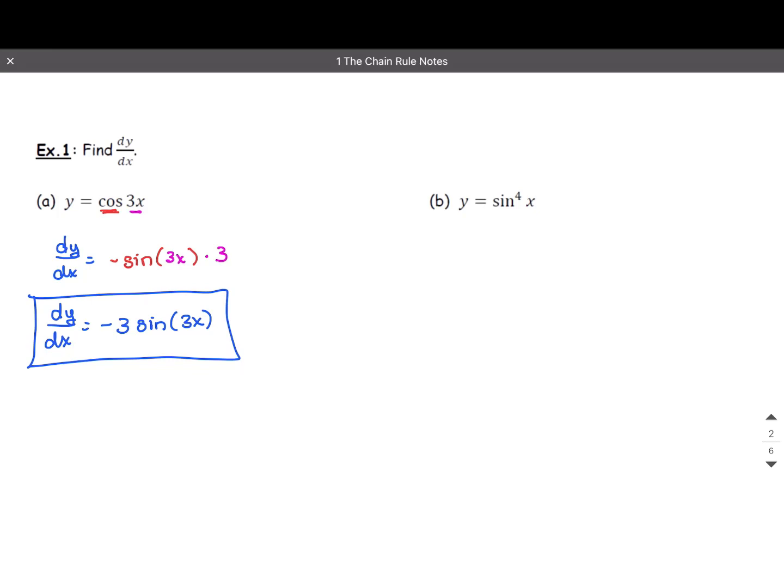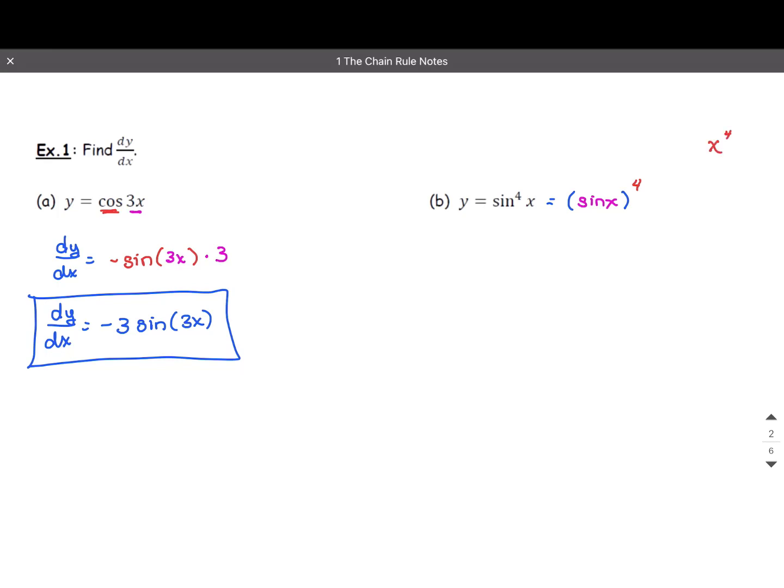Now the next one, y equals sine to the 4th x. Some of you might not realize that the inside function is really sine x, and the outside function is x to the 4th, is raising to the 4th.